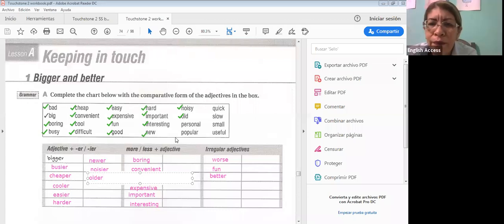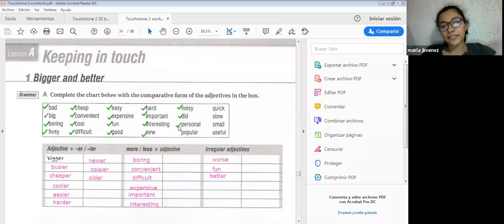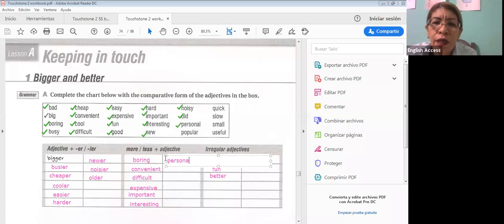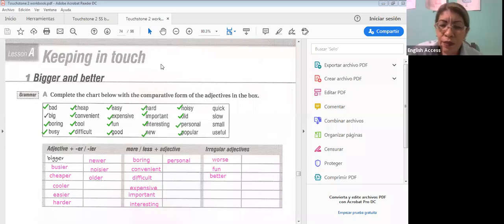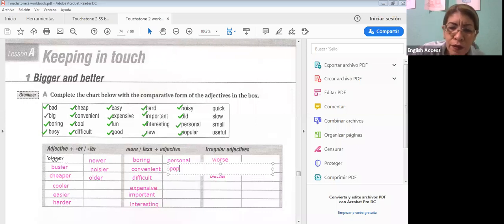We have personal. More or less personal. Correct. Okay. Popular. More or less popular. Less popular.